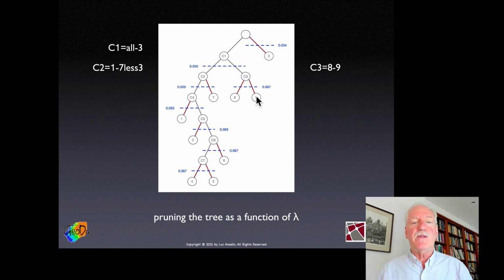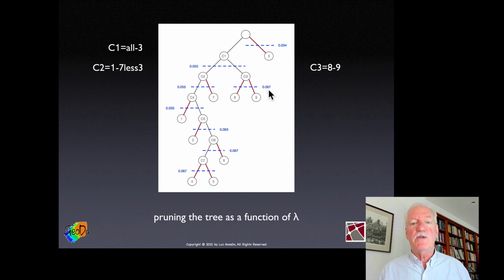So let's now look at this notion of relative excessive mass. So we start with this cluster being split off into C3. C3 becomes a cluster for lambda minimum 0.055. Then point 8 that is part of C3 splits off for lambda 0.067. So in the terminology of our expression, lambda min is 0.055, lambda p max is 0.067.